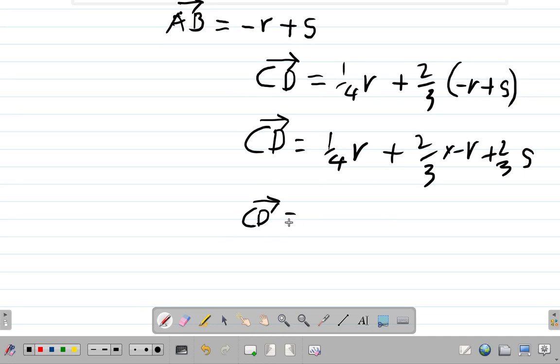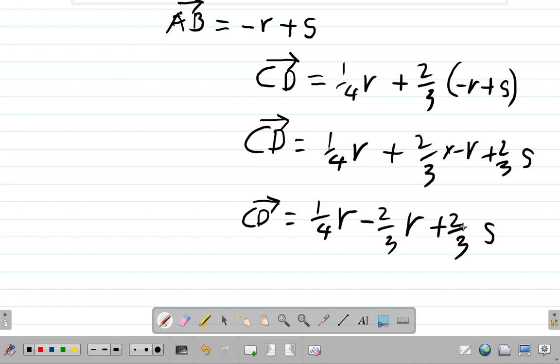CD equals a quarter R minus 2/3 R plus 2/3 S.